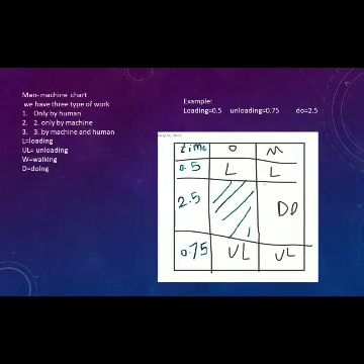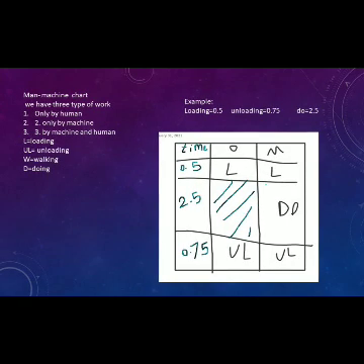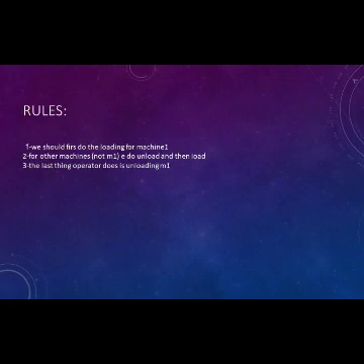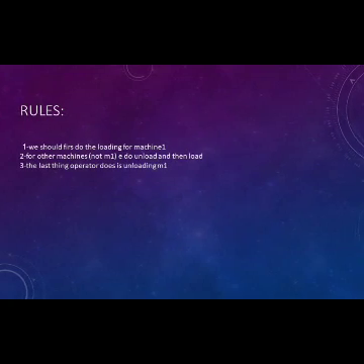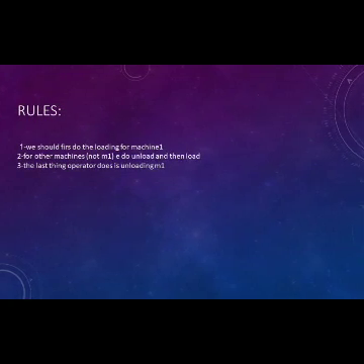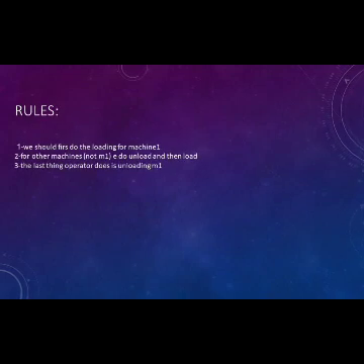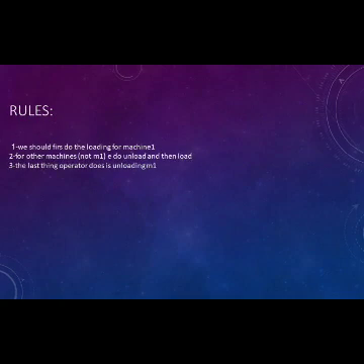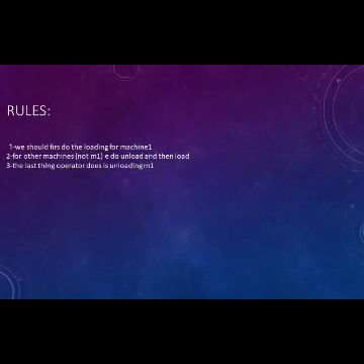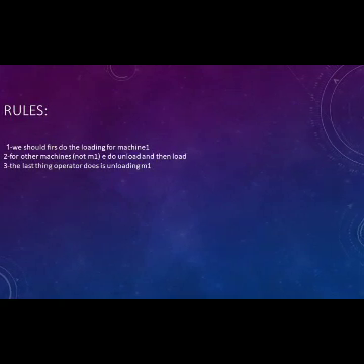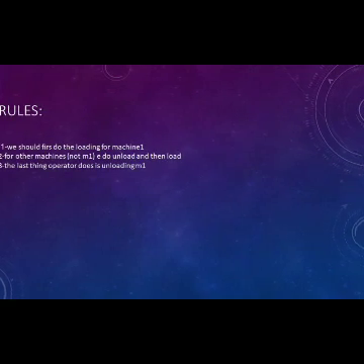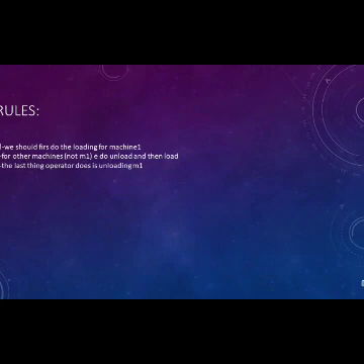We have three rules. The first rule is we have to load the first machine first. The second rule is, for each machine other than the first machine, we have to first unload the part from the machine, and then load the new part on the machine.